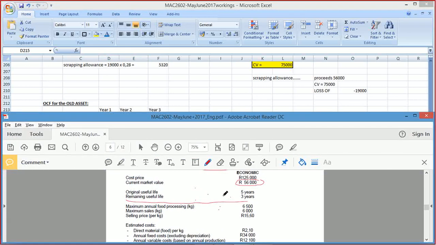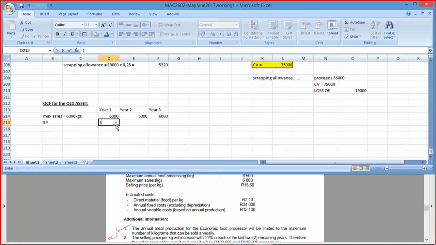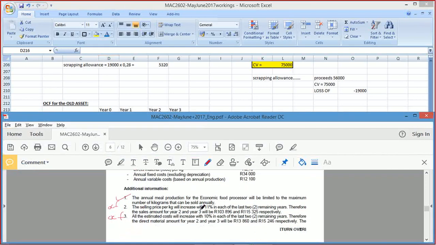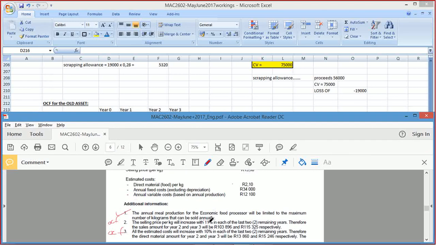The selling price, they said, will change. So what is the current selling price? 1560. That's the current selling price. What did they say about the selling price?